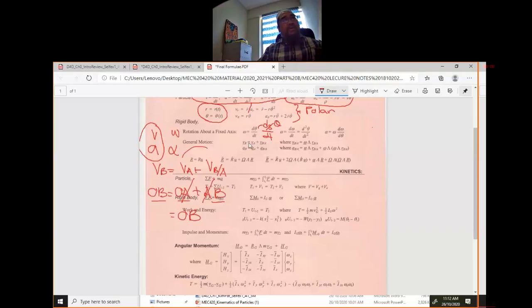So here the vector r equals scalar times u, a unit vector. So when you differentiate, what is the velocity of that point? So you will have this.